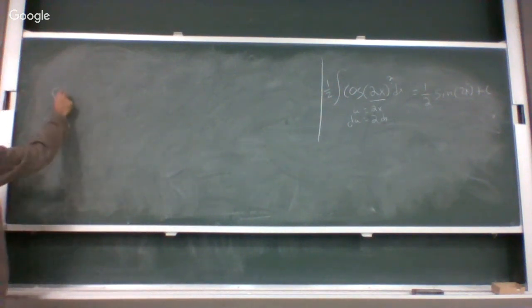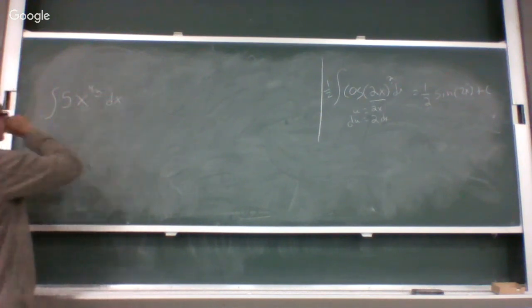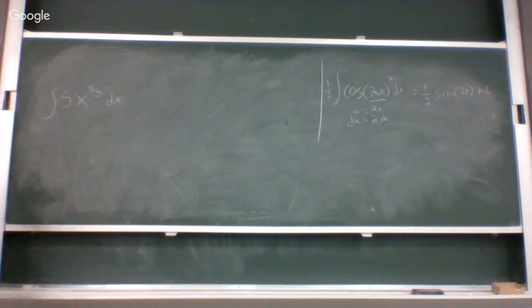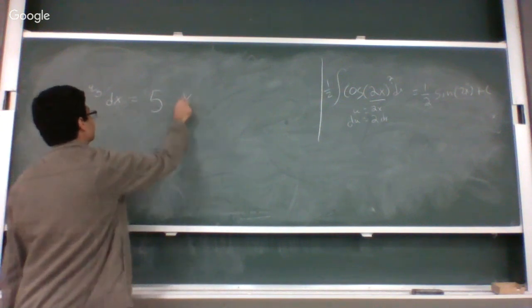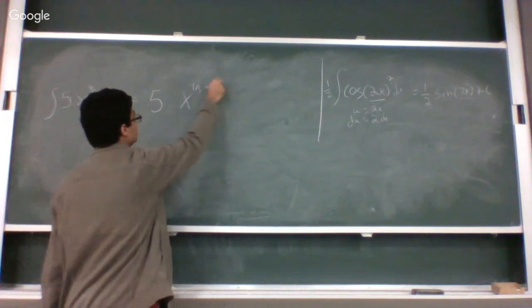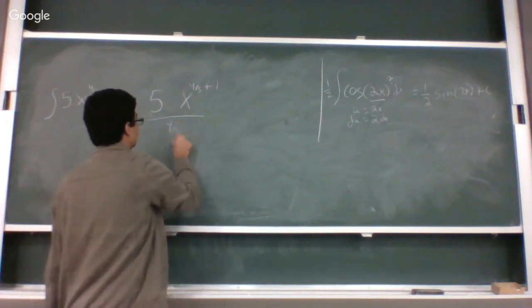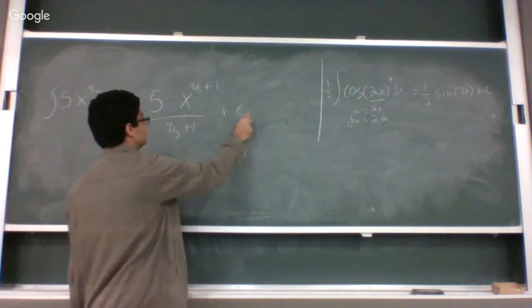So the integral of 5x to the 4/5 dx. That's the problem. So we bring the 5 out. We have x to the 4/5 plus 1 over 4/5 plus 1, plus c.